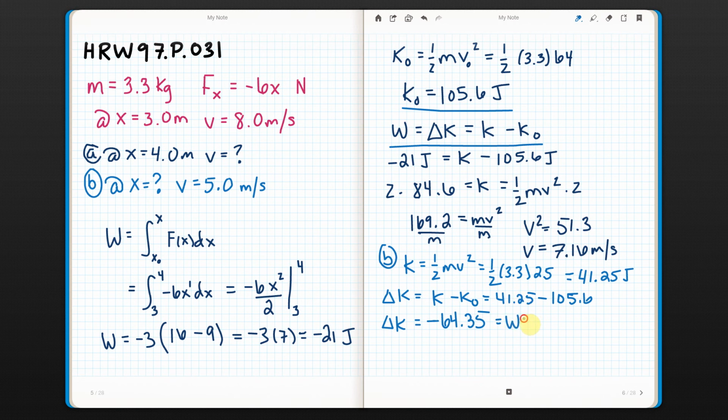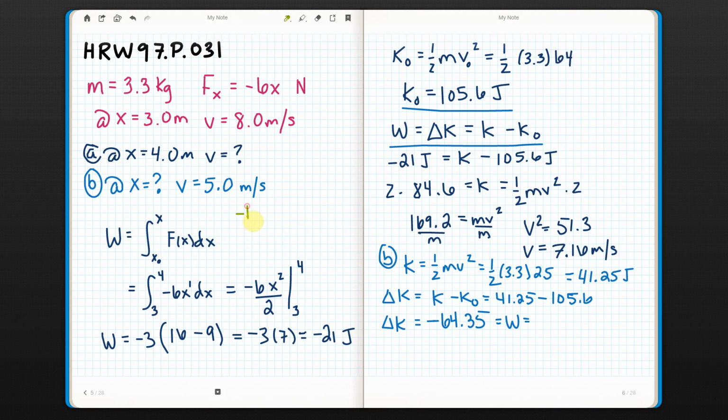And the work done is equal to, if you go back here, negative 3 times, let's see, from 3 to x. It's the same equation, but my limits would be from 3 to this unknown x that I don't know what it is. So if I don't want to flip the page, I'm going to do this over here in another color. Let's use green. Okay.